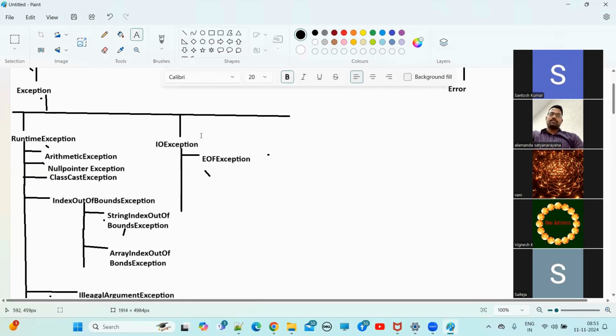And next one, FileNotFoundException. Next, we have one more subclass for IOException, InterruptedIOException. These are child classes for IOException.